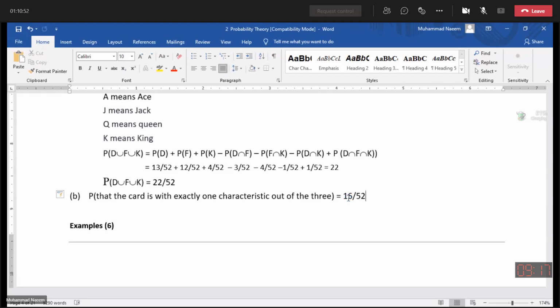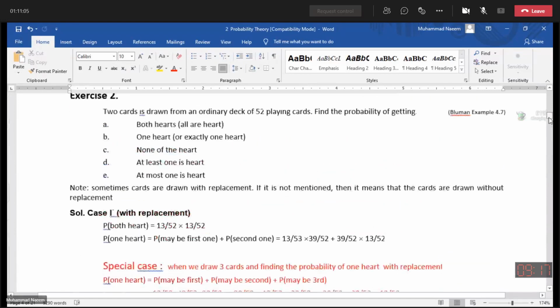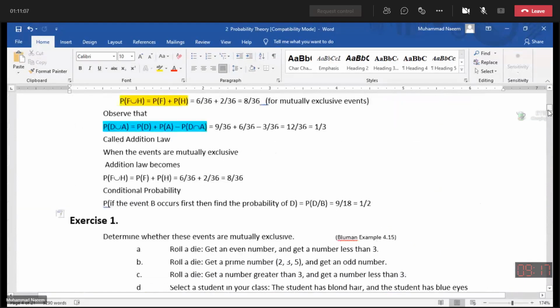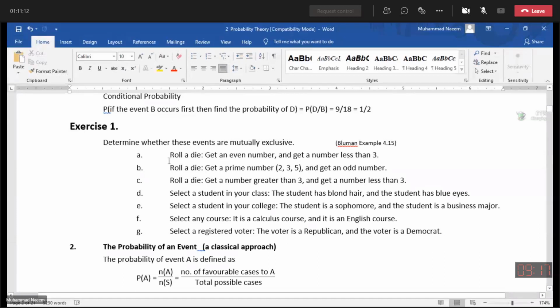So this is our answer for B part. Okay, also we need to go through this exercise.